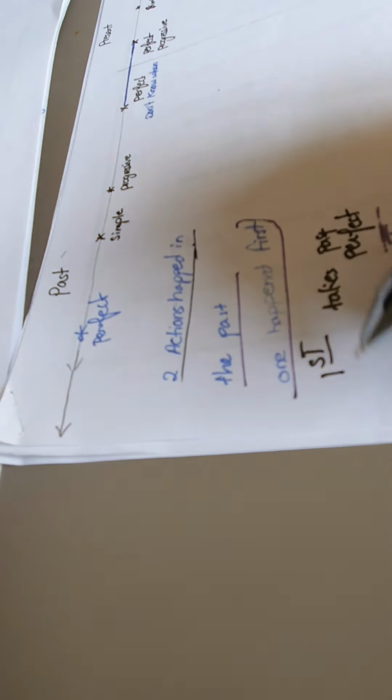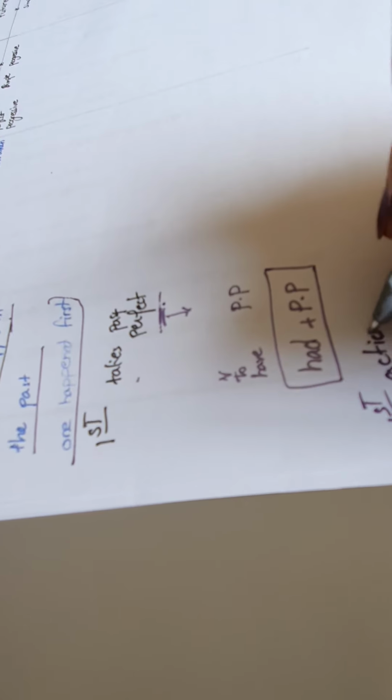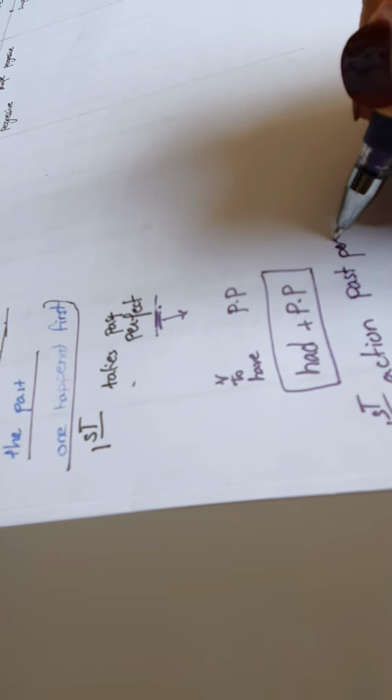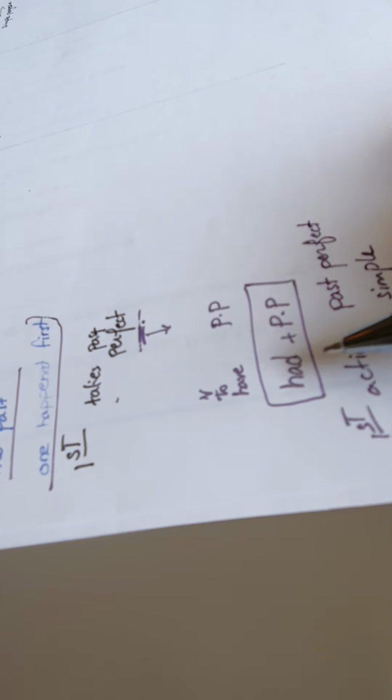When do I use past perfect? Two actions happened in the past, one happened first. The first action takes past perfect. The second action takes what? Past simple. How do I form it? Had and past participle.